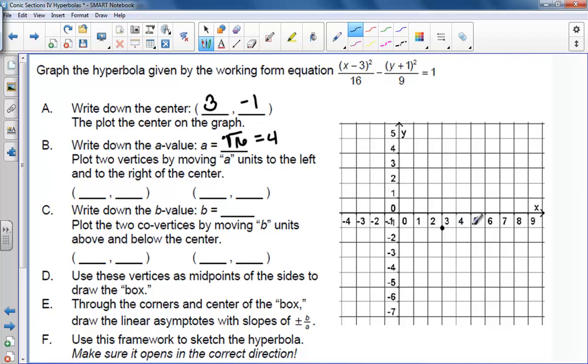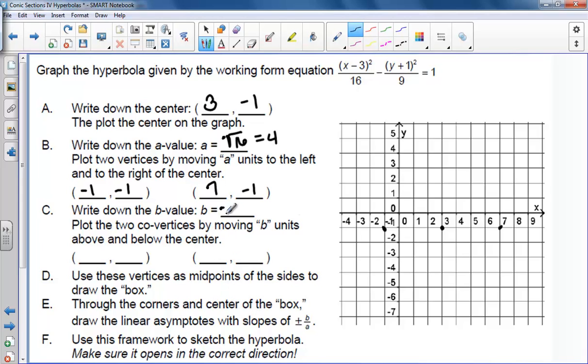So that means from my center, I'm going to go to the right 4 units and make a point there, and I'm going to go to the left 4 units and make a point there. So I have a point at negative 1, and I have a point at 7, negative 1. And I don't know for sure yet whether these are my vertices or not because I haven't drawn my graph.